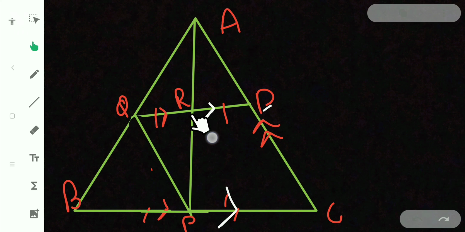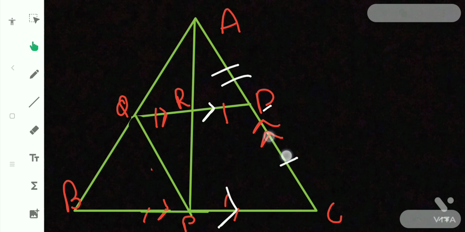As R is a midpoint of AP, which we concluded before, and one line is crossing and is parallel to another, we know by the converse of the midpoint theorem that AD will be equal to DC.